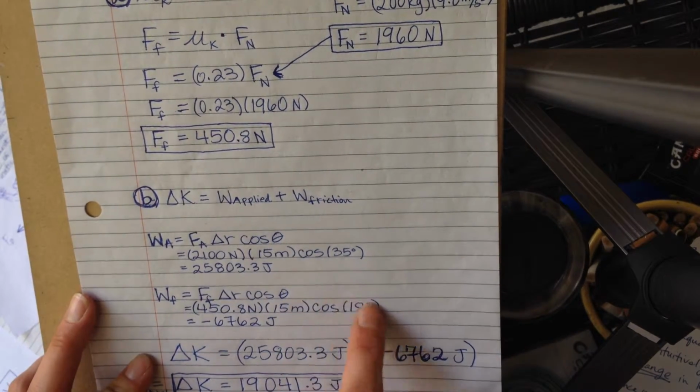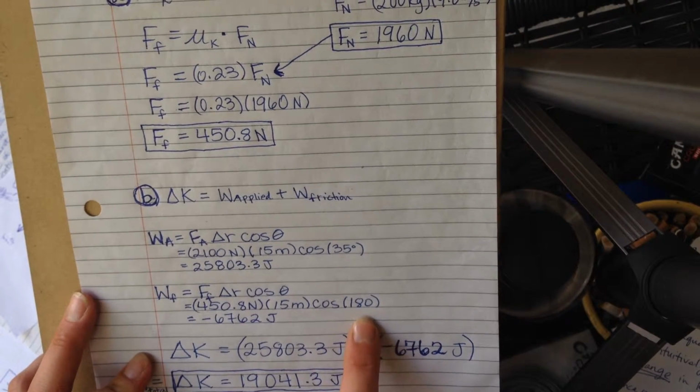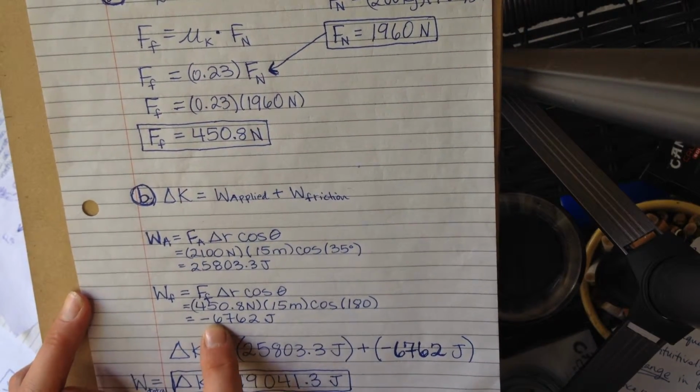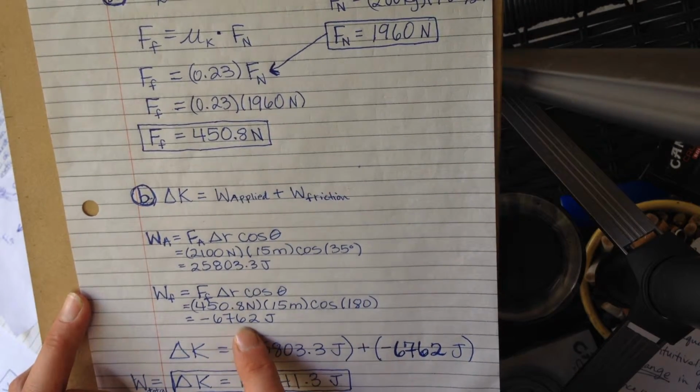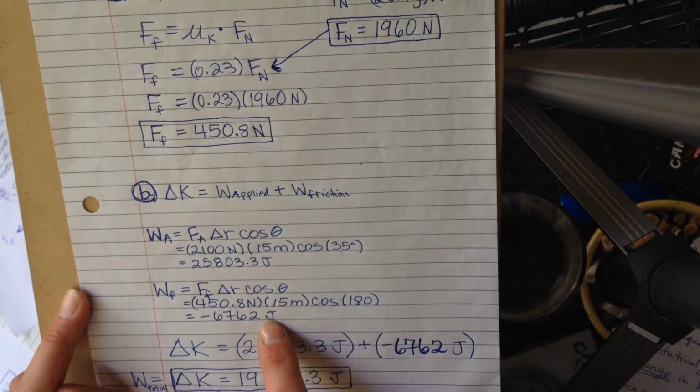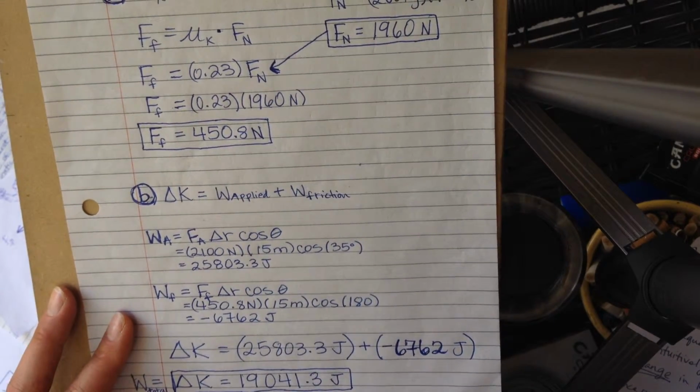And so we're going to put 180 right here and use cosine again, and in this case it makes it a negative 6,762 joules. And joules we want because that is going to be energy.